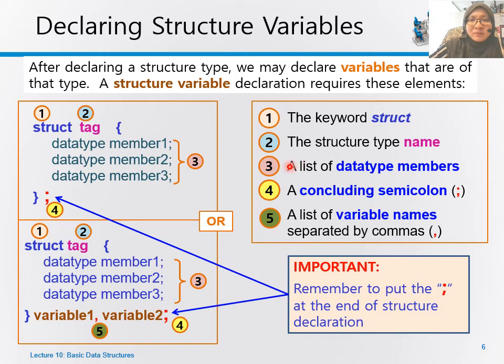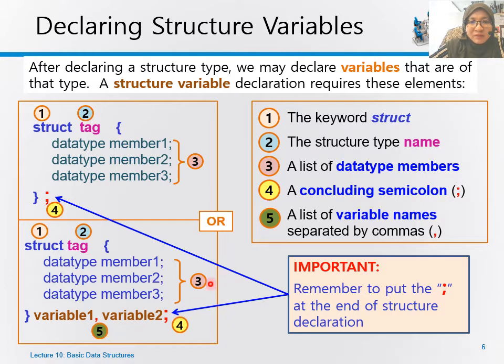Then you have a list of data type members, with all the variables, your own naming, but the data types are all reserved keywords, like integer, double, character, etc. And then you need to conclude this statement with a semicolon.